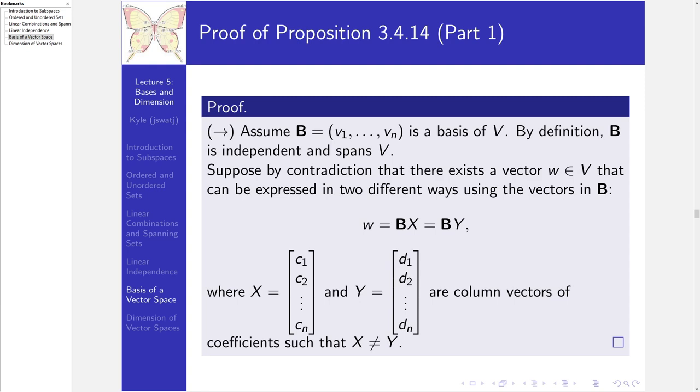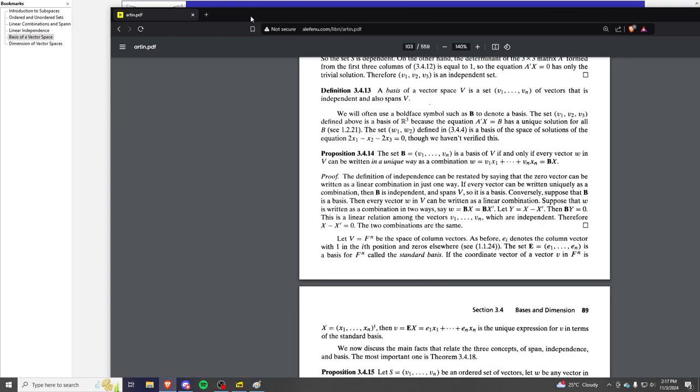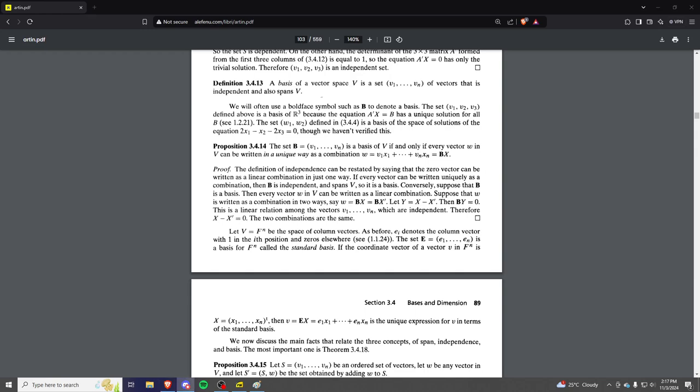Let me just grab the actual theorem itself, because I have the proof here, but I don't have the theorem. That is 3.14. Oh, okay, here. Can you guys see this? Yeah, you see the book?